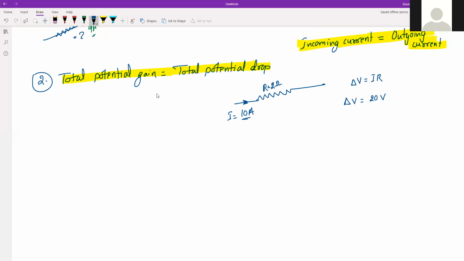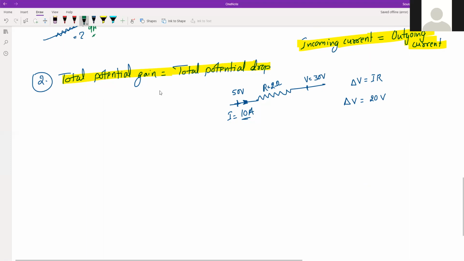So that means if the current is moving in this direction, then from here to here, there will be a drop of 20 volts. So suppose if at this point the potential is 50 volts, then at this point the potential will be 30 volts. And what does it mean?